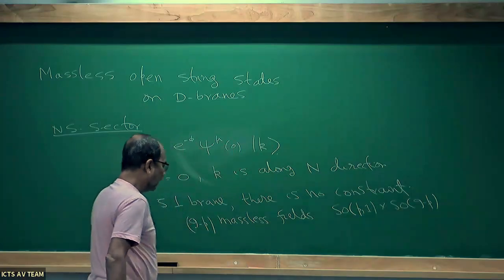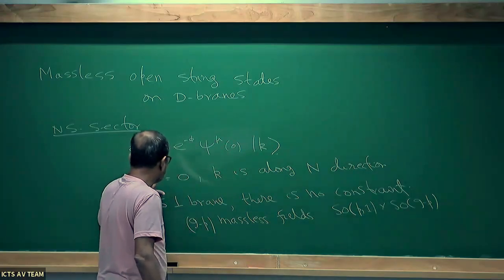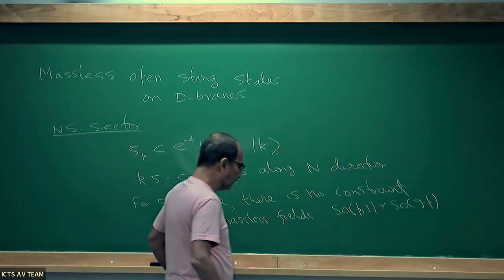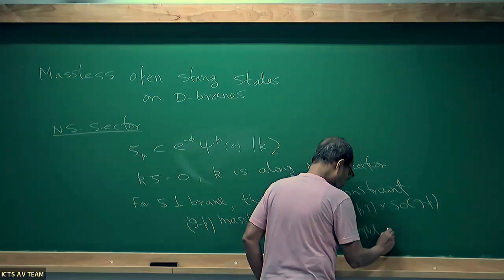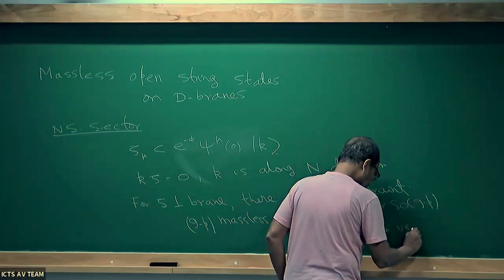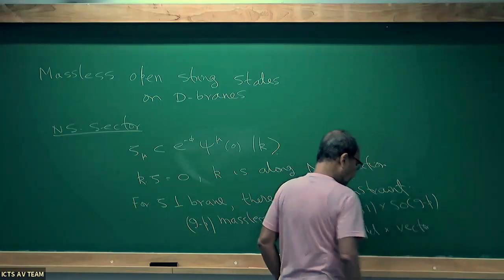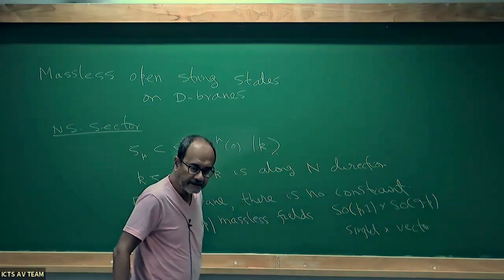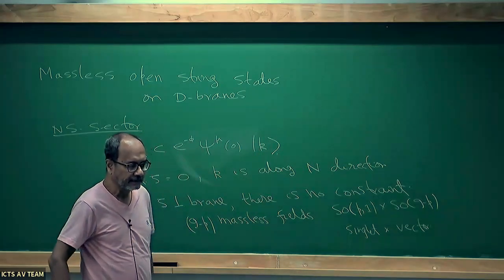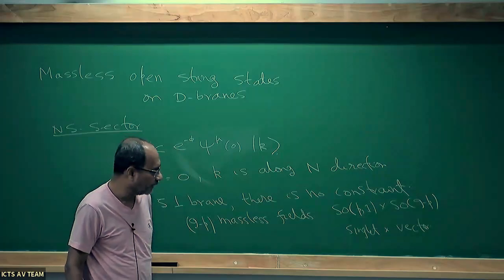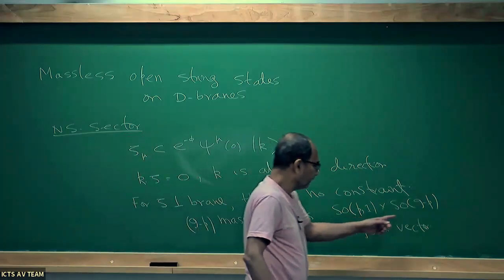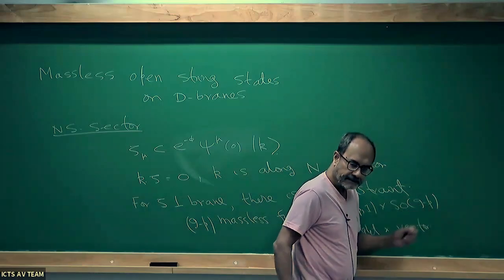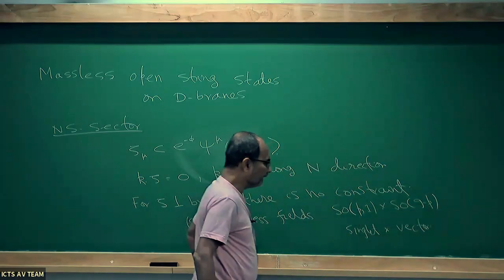So these 9 minus p massless fields, because they carry index only along the transverse directions, are singlets of this, and here it's a vector representation. Okay, so they are Lorentz invariant. So from the point of view of the p plus 1 dimensional world volume theory, they are scalars. Okay. But the number of such scalars is 9 minus p. Okay. And these represent the transverse motion.